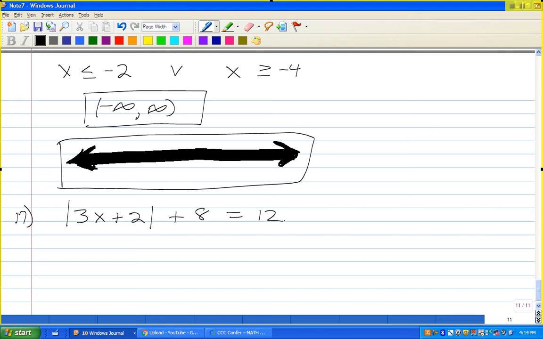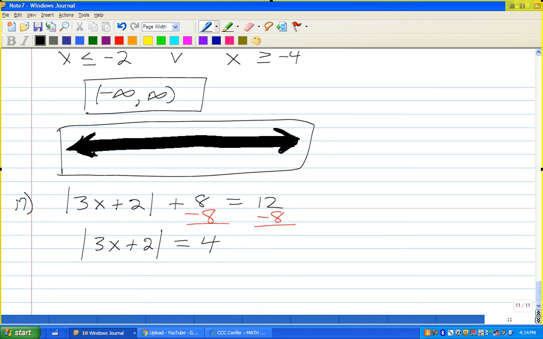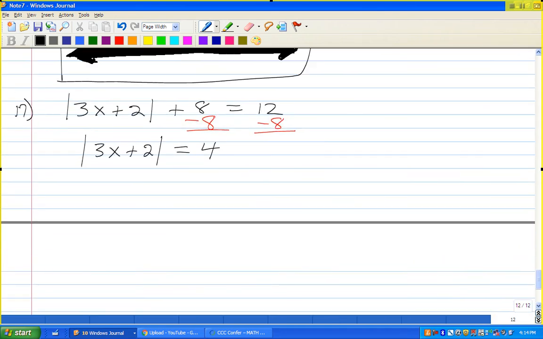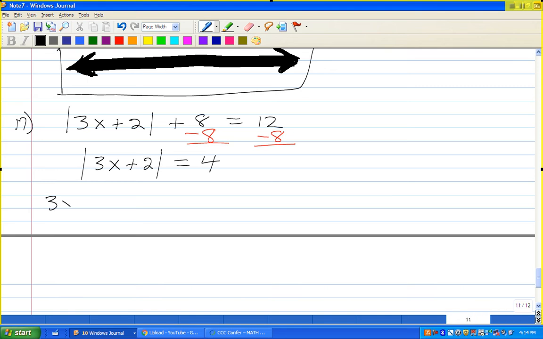So let me subtract 8 from both sides of my equation. So absolute value of 3x plus 2 is equal to 4. Therefore, 3x plus 2 is either equal to -4, or 3x plus 2 is equal to +4.